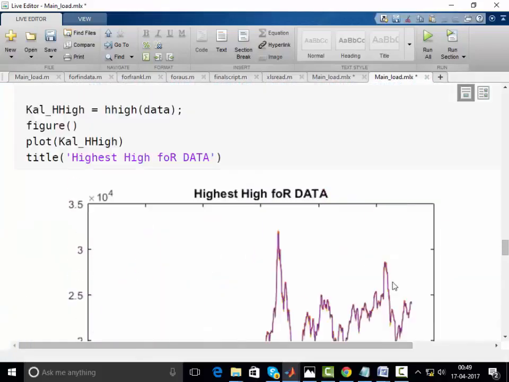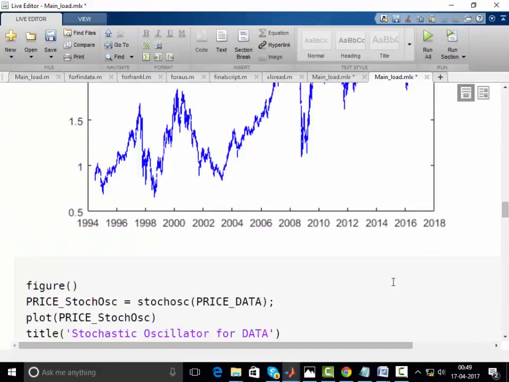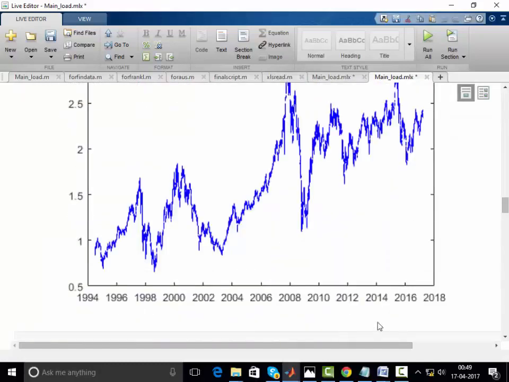Like, I'm going to show you. I'm going up again, and you will see there's a period from 2009 to 2017. Around this, the price is going down, then up, then down, then up, then down.